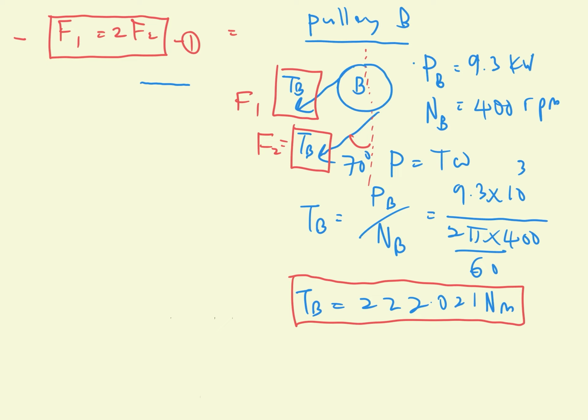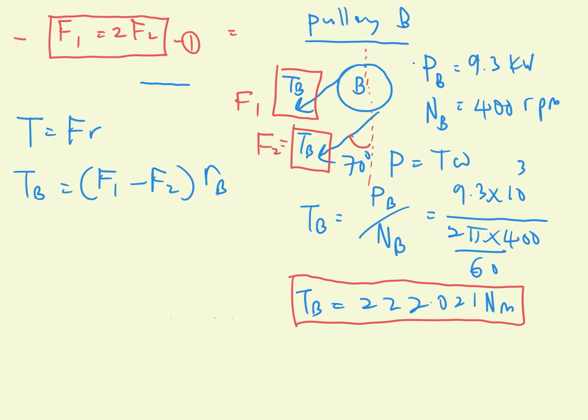Now from the formula, torque is equal to F times r. So torque at pulley B is equal to F1 minus F2, times R_B.